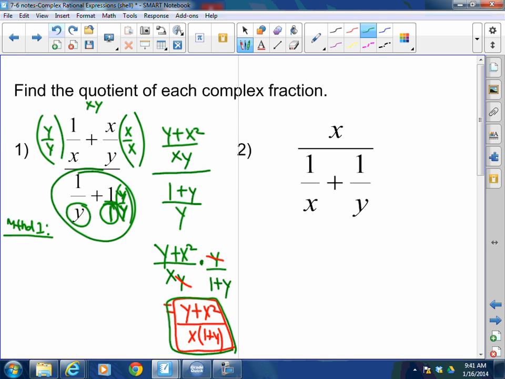Yes, that's why xy is a monomial. This is another monomial. You can simplify monomials. You cannot simplify individual pieces of polynomials. Yes, sir. No, because this x is a monomial. This x is part of a binomial.